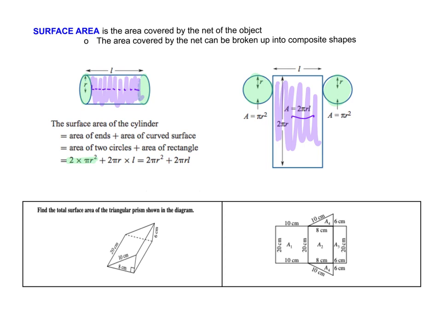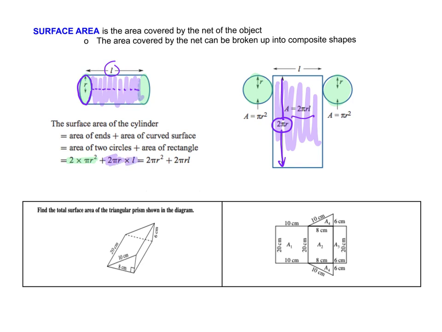Because you cut, the edge of the rectangle is actually going to be the circumference. So this 2 pi r is the circumference of a circle, and then you times it by however long this cylinder is. That's why there's these parts in the formula, the 2 pi r and the L.